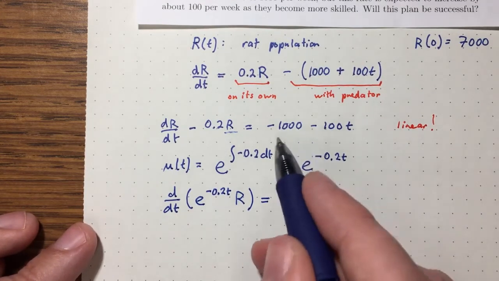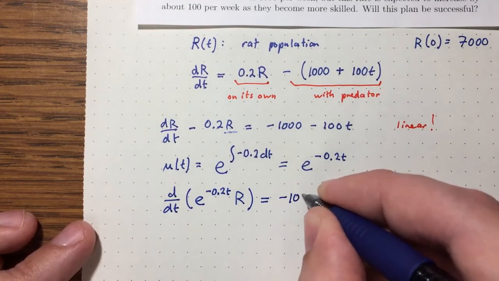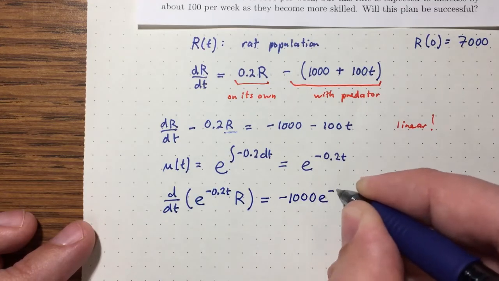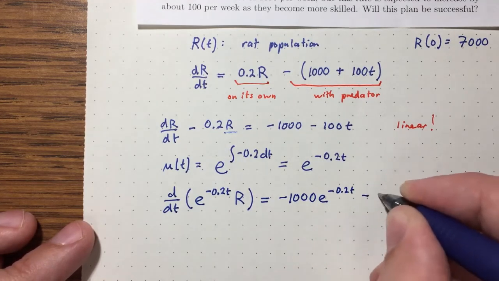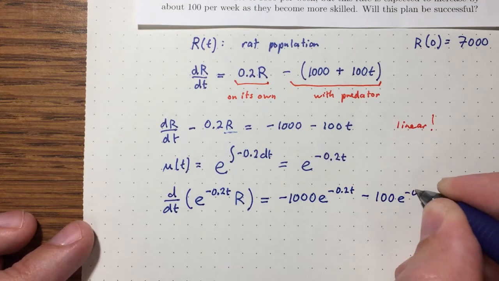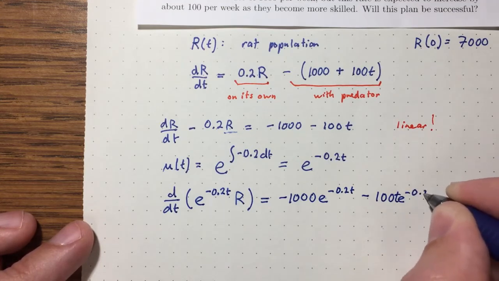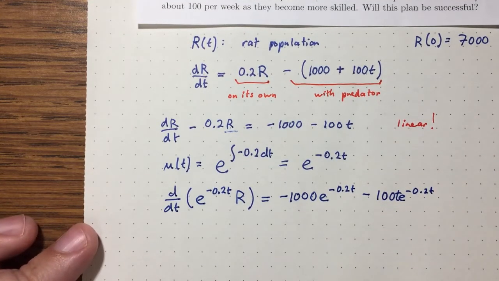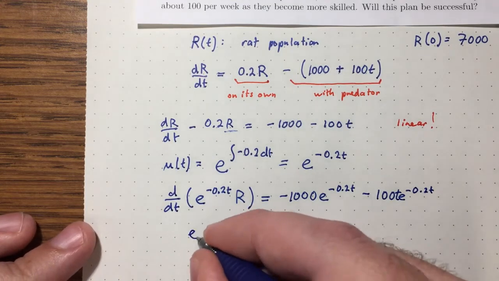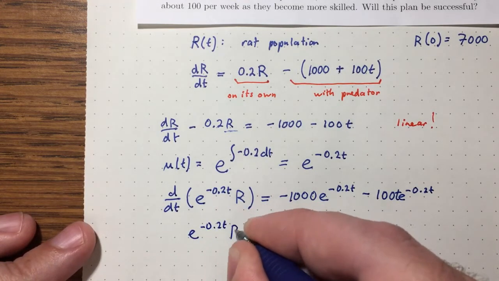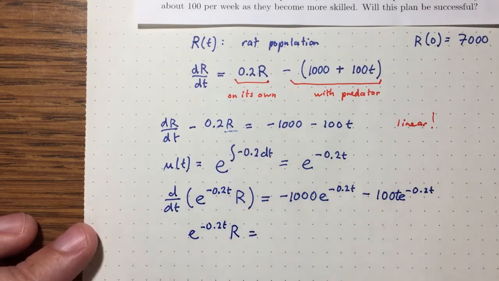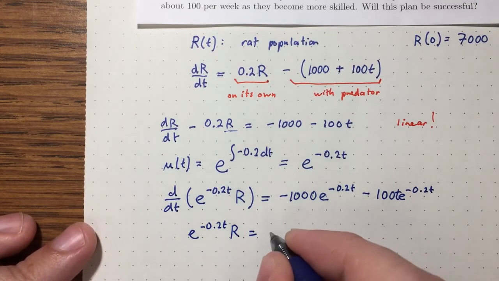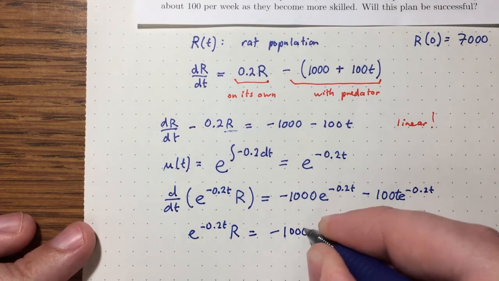And then on this side, we also need to multiply by this integrating factor, t e to the negative 0.2 t. Now let's integrate both sides. So we get e to the negative 0.2 t r is, so I'll take out the constants.